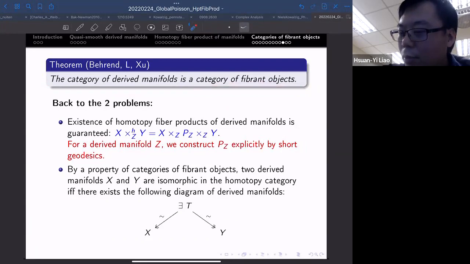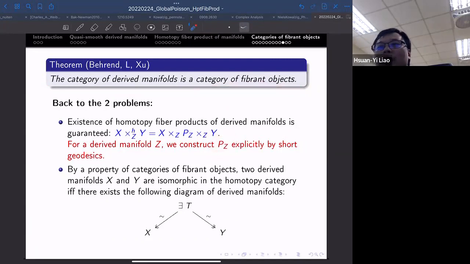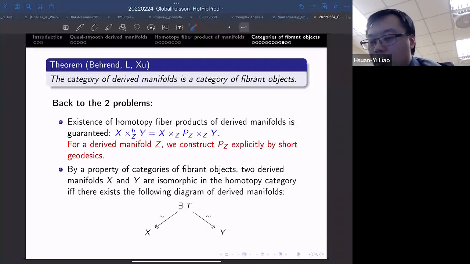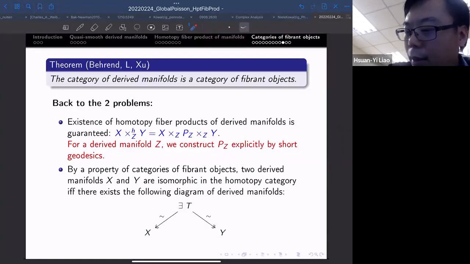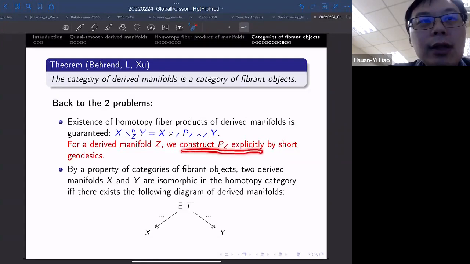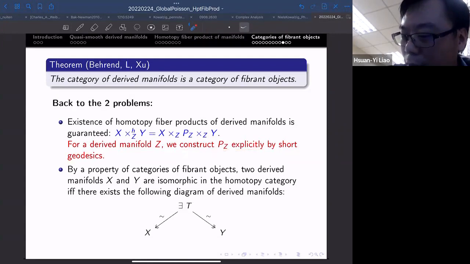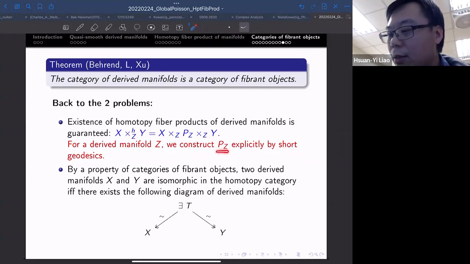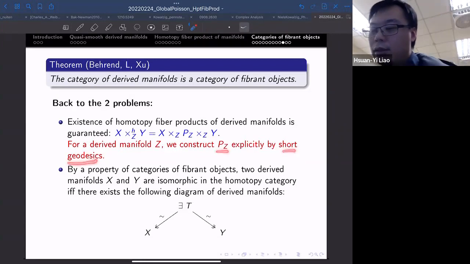This means we have homotopy fiber product, and we have PZ, this factorization for each diagonal map. We construct this factorization explicitly by short geodesics. So the previous construction by short geodesics can be generalized. I mean, in our paper, we do that for the general case.